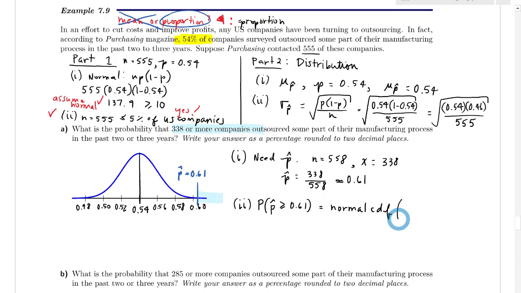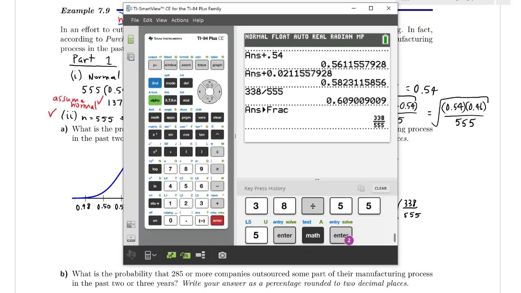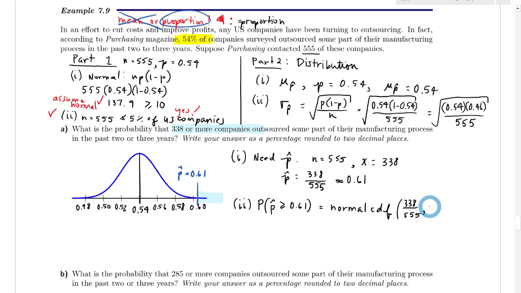So the normal CDF, left, right. My left is actually the 0.61, but when I put it in the calculator, I'll leave it as 338 over 555 because that way I can get exact, because notice this decimal goes on forever. And the right is 1E99 because it's the right tail, and the mean would be 0.54. And then I would leave the standard deviation to be this, 0.54 times 0.46 over 555.